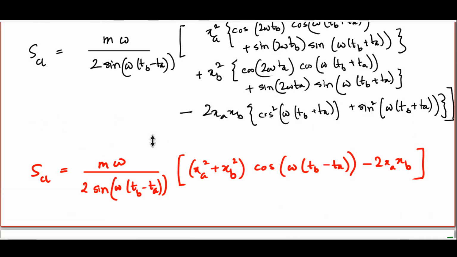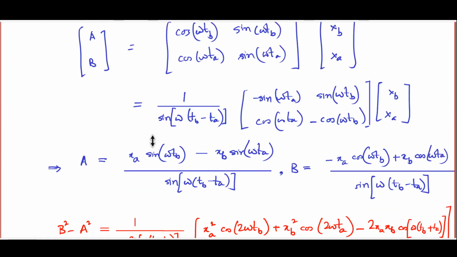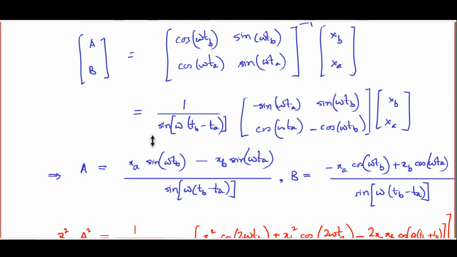Actually, if you go back to our calculation of the constants A and B from the initial and the final points, from the boundary conditions of this problem, you can see that the real trouble starts there. Notice that the problem uniquely gives us A and B except for the situation where sine of omega TB minus TA vanishes.